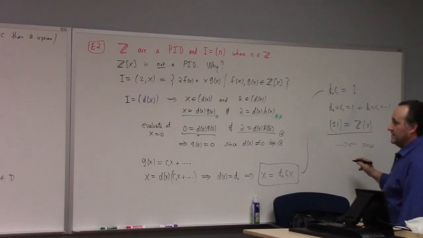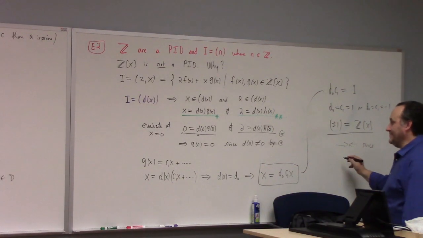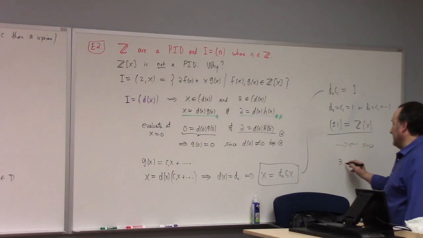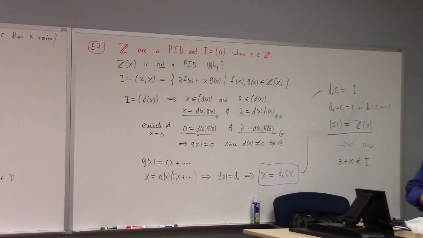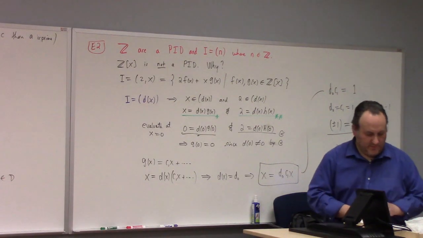Let's see here, for example, 3 plus x is not an element of I. All right. So what does this all mean?